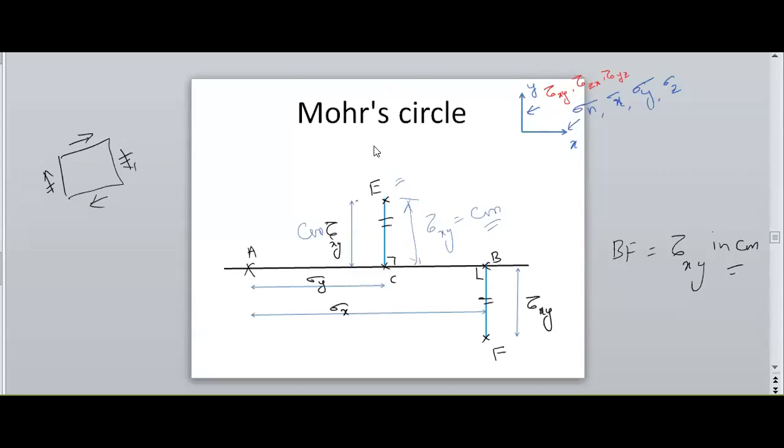But one is moving in the upward direction at C, and the other moving in the downward direction at B. Therefore, CE is also equal to BF, which is also equal to tau xy in centimeters.